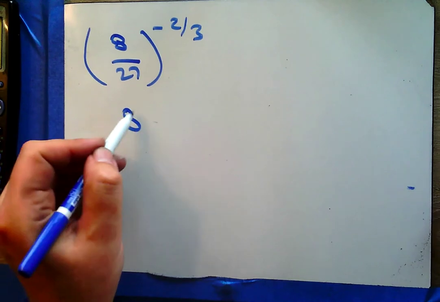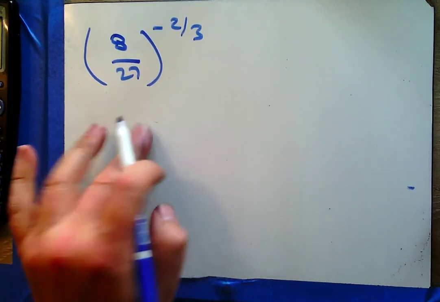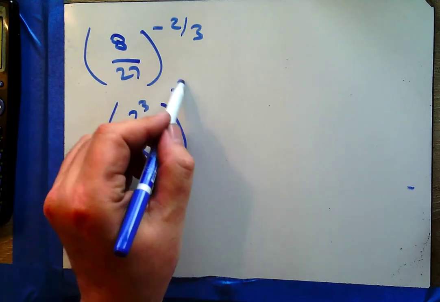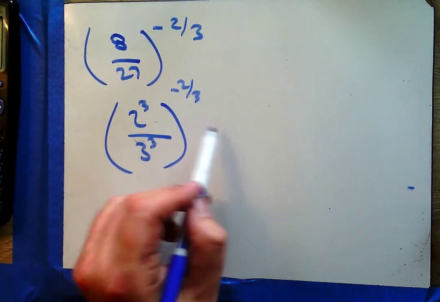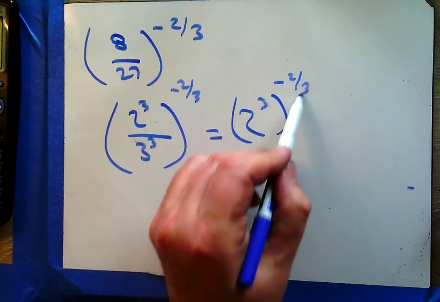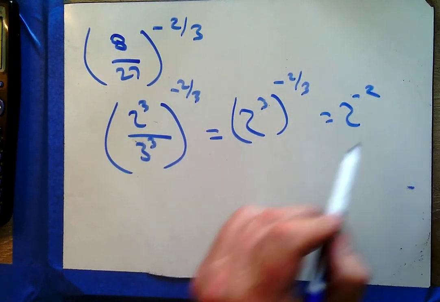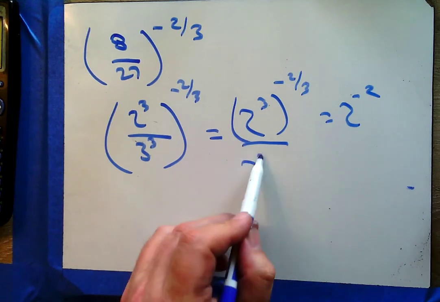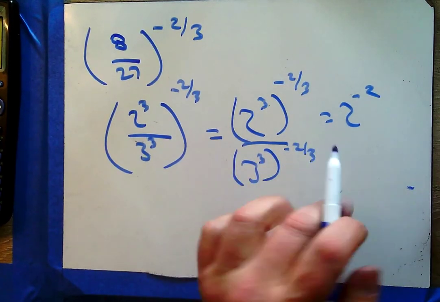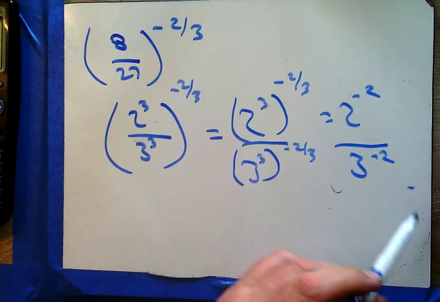Okay, so that's 2 to the third over 3 to the third raised to the negative 2/3. When I apply that exponent, 2 to the third to the negative 2/3, it's going to be 2 to the negative 2, and 3 to the third to the negative 2/3 is going to be 3 to the negative 2.